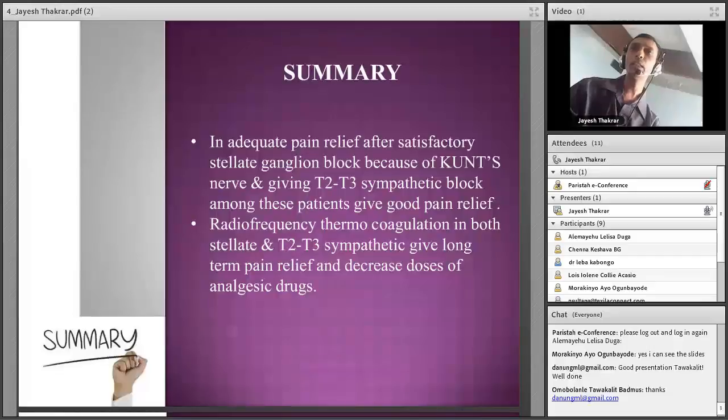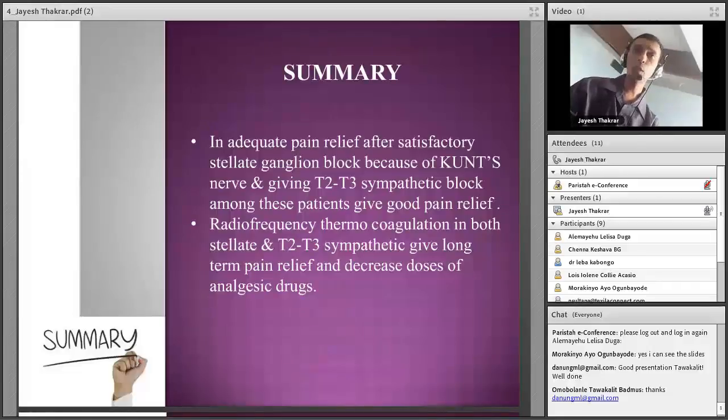The Kuntz anomaly is a nerve supplying the upper limb that bypasses the stellate ganglion sympathetic chain and is innervated through the T2-T3 sympathetic. So many patients who do not respond to the stellate ganglion block can get good pain relief after injecting at T2-T3.